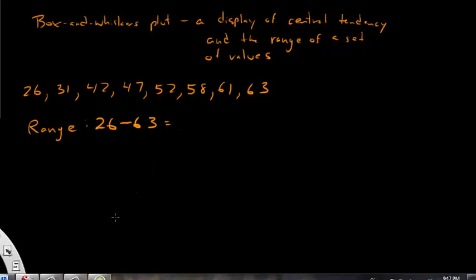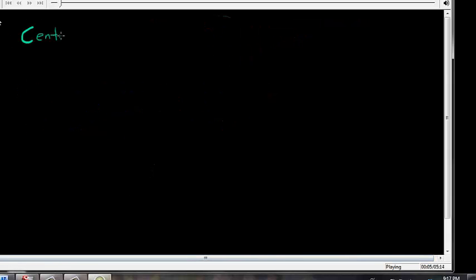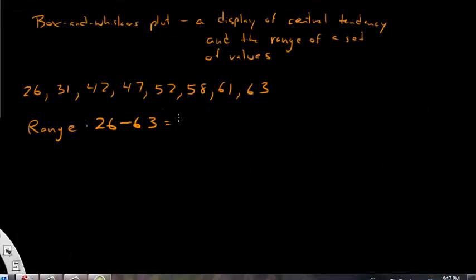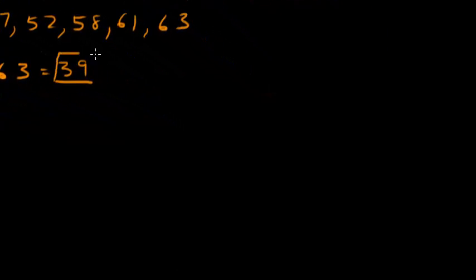Okay, central tendency. If you calculate that, you'll see that it's actually 39. So you have a range of 39. It's the difference between these two things. Okay? And all that means is that in my entire set of data, there is a range of 39 from the minimum, 26, to the maximum, 63. Okay? That's the range.